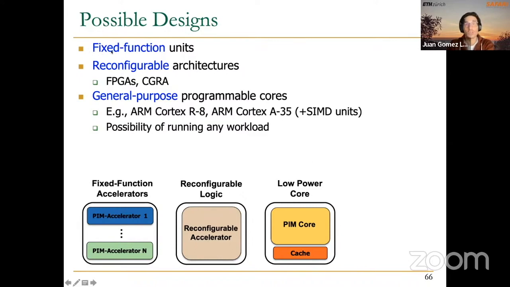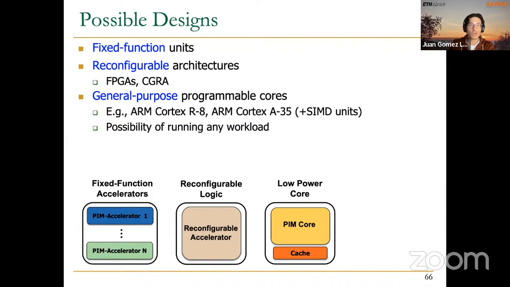There are fixed function units, which is more or less what Samsung is doing with their HBM PIM memory that only accelerates very concrete operations like MAC. So it's not really fixed function because it's programmable, but it has a very reduced instruction set, just multiplication, addition, and some data movement instructions.